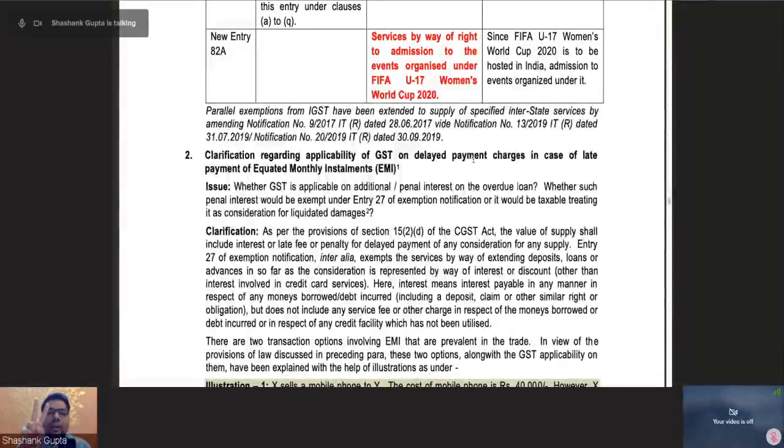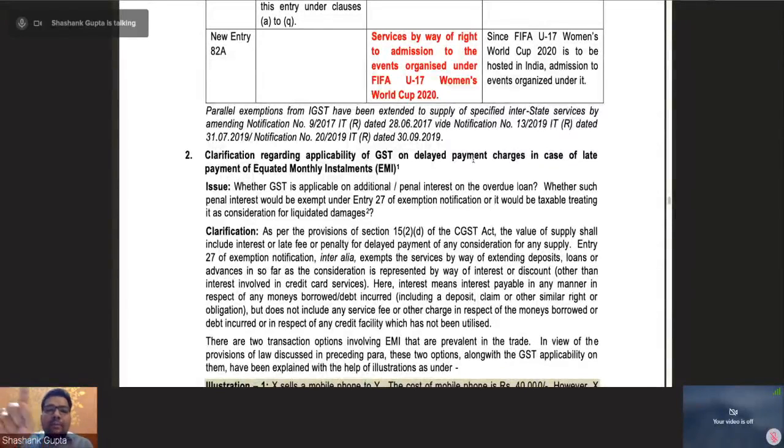Now, there are two transactions happening. I am selling the mobile to you, but receiving the money from HDFC. How much money am I actually receiving? Only 40,000. So the value in that case will be 40,000.